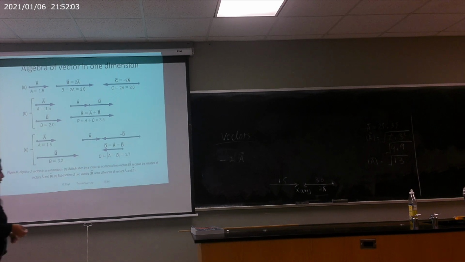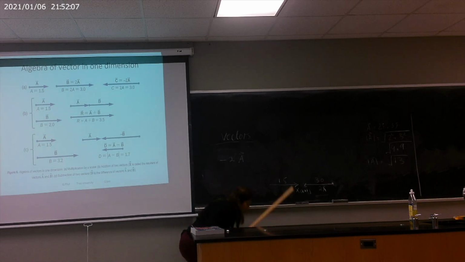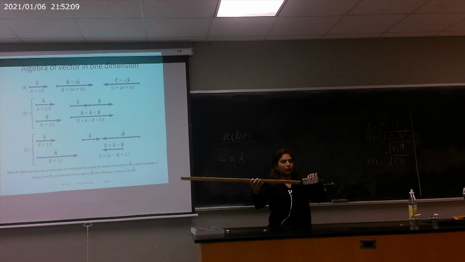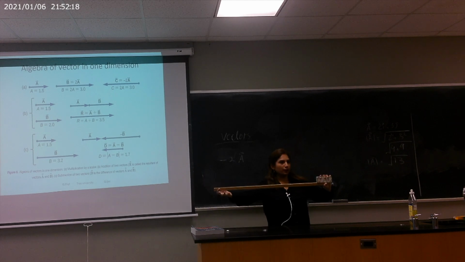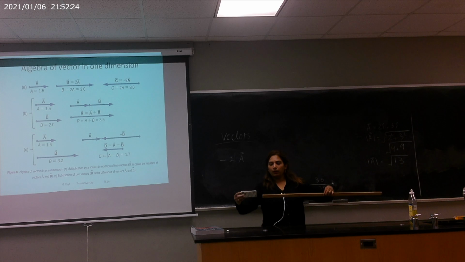If you have two things in opposite directions, one going this way, one going this way, they are going to cancel each other out, some part of it. Whatever is left is this one. If they both are in the same direction, all together, they are going to add up.